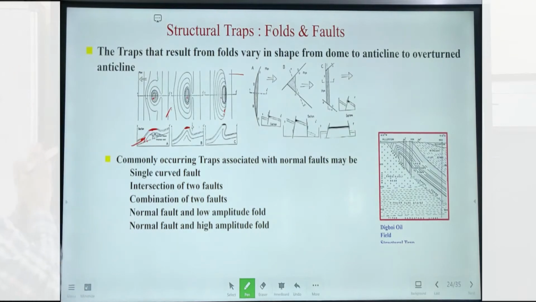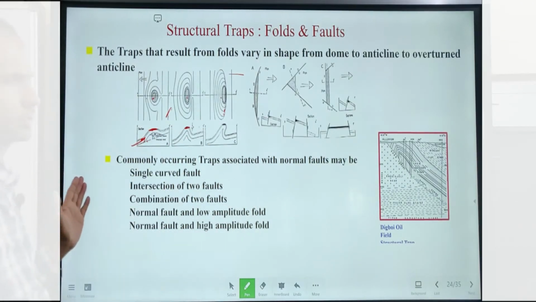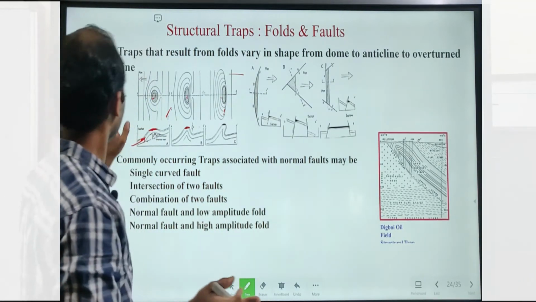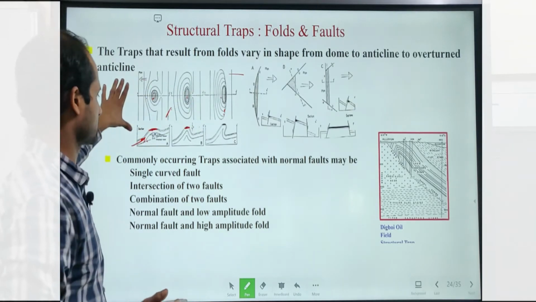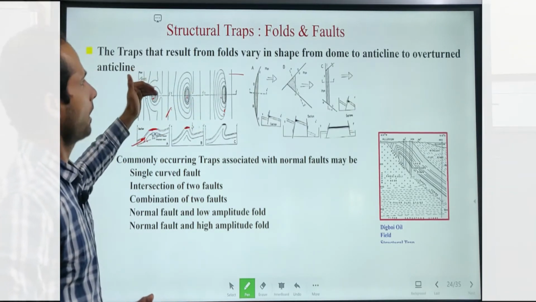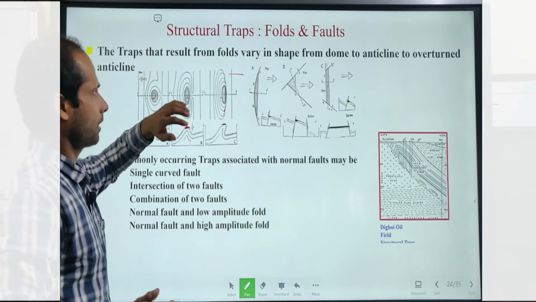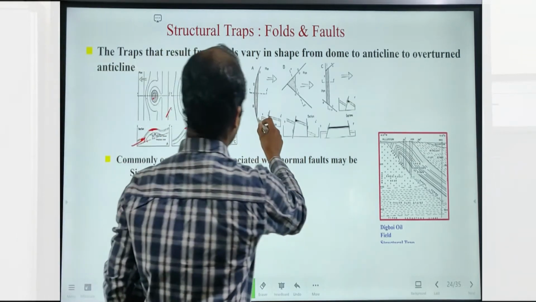Starting from open fold to symmetrical fold, asymmetrical fold, or overturned fold, there are several classifications, we need not go into detail, but over here we can infer that folds are a curvature which is responsible for entrapment of the hydrocarbon. Next comes the fault.